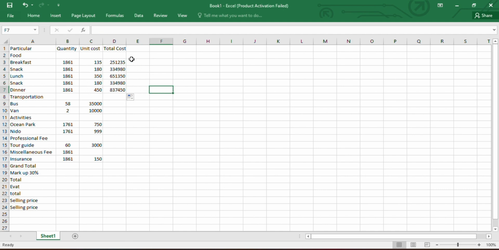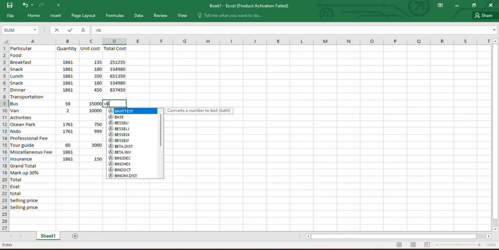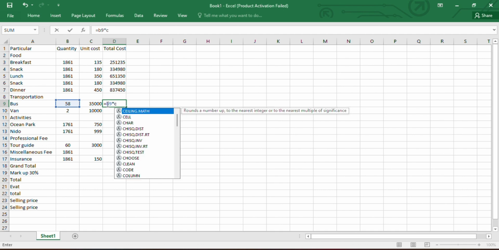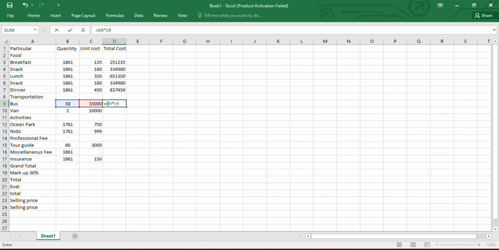Also the same with the transportation, so we're going to use multiplication too. So we're going to compute B9 times C9, and you'll get the answer. And also we're gonna do the same for our activities, which is the Ocean Park.